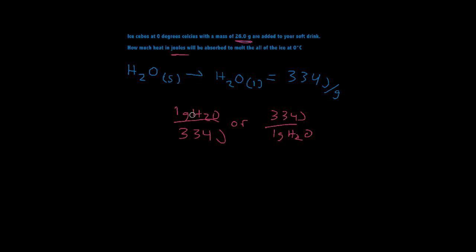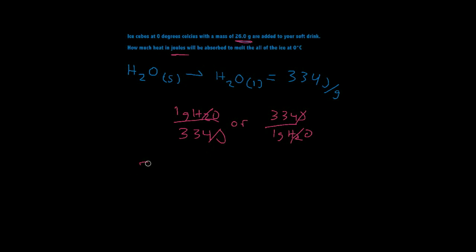Whenever we do a dimensional analysis style problem to solve this chemistry word problem, we're going to use it one of these two ways, either with the grams on top or the grams on bottom, depending on how we set up our formula. We just want our units to cancel out. We want grams to cancel out, or we want joules to cancel out. So let's start with what we're given, and hopefully that didn't confuse you too much.